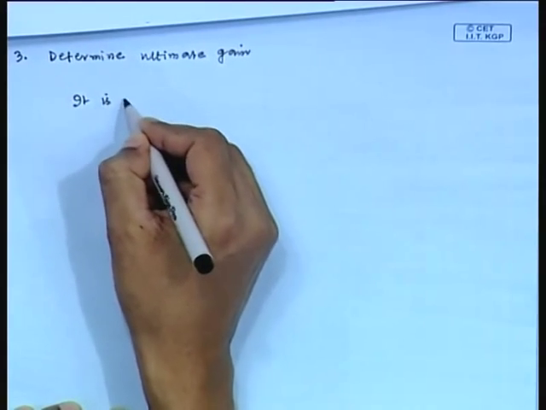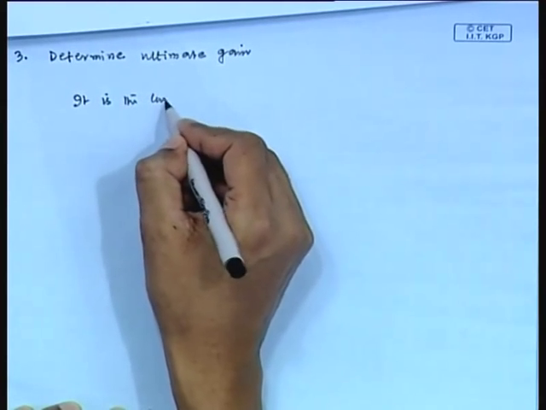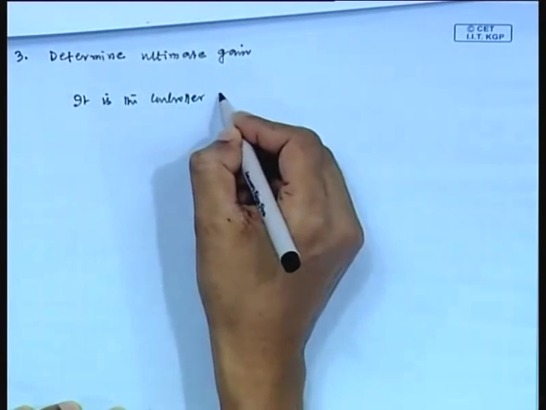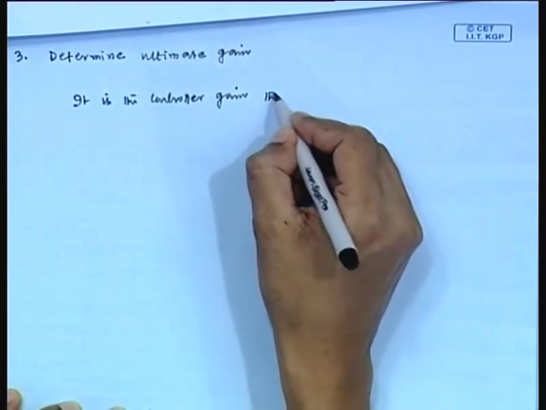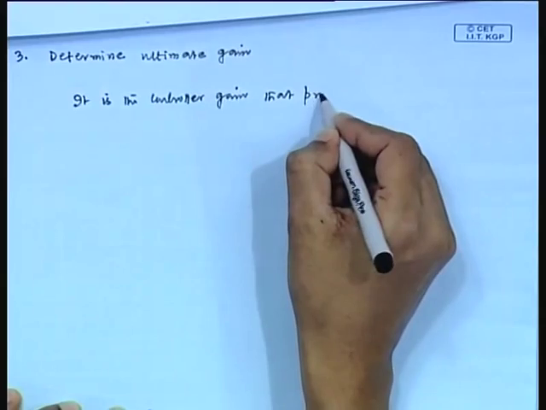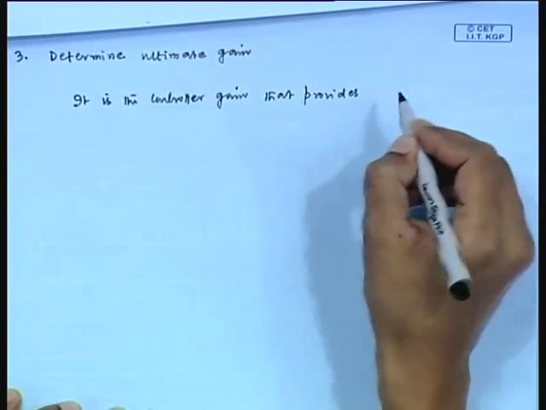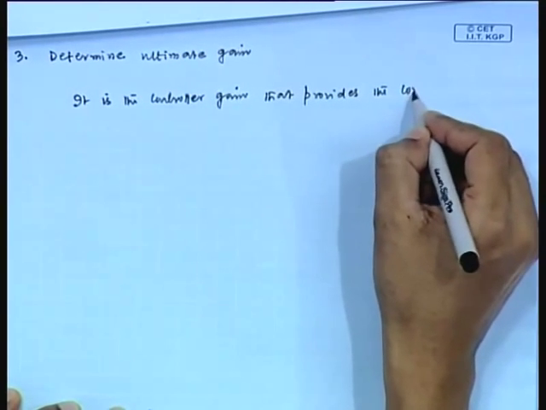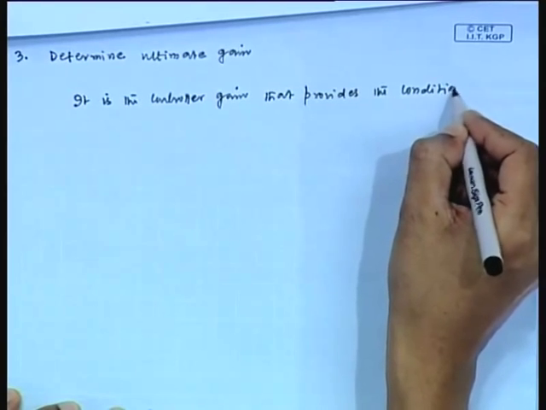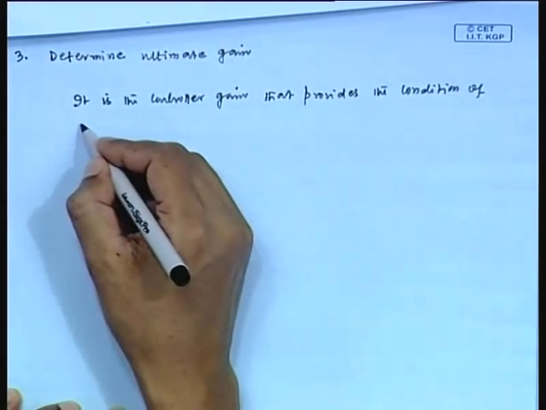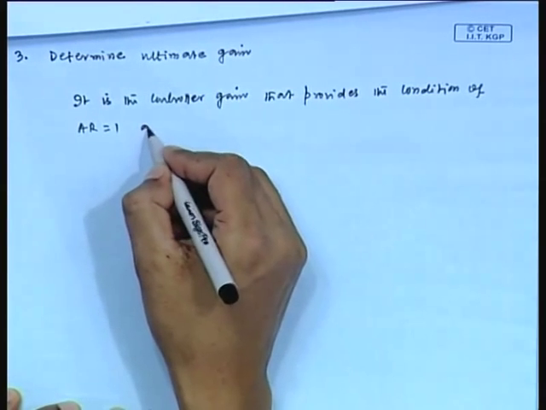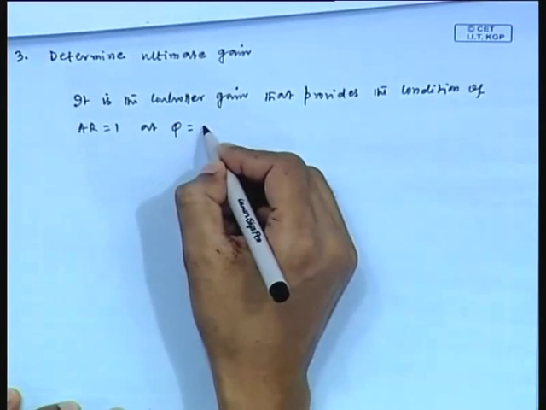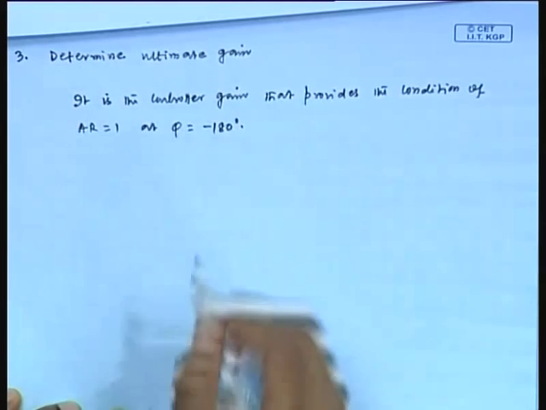Ultimate gain is the controller gain that provides the condition of amplitude ratio equal to 1 at phi equal to minus 180 degree.